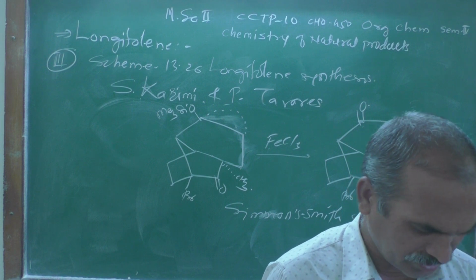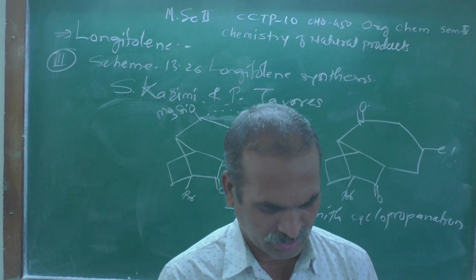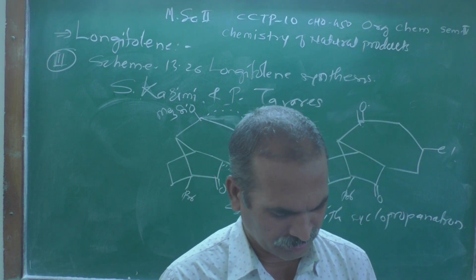Simmons-Smith reaction is cyclopropanation of an olefin using CH2I2 and zinc-copper.